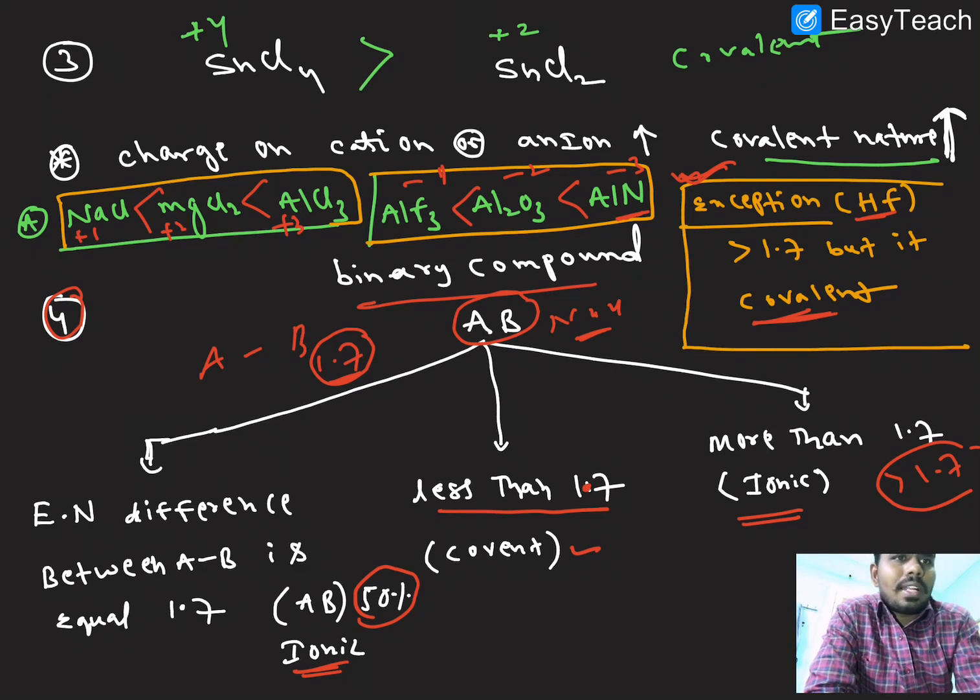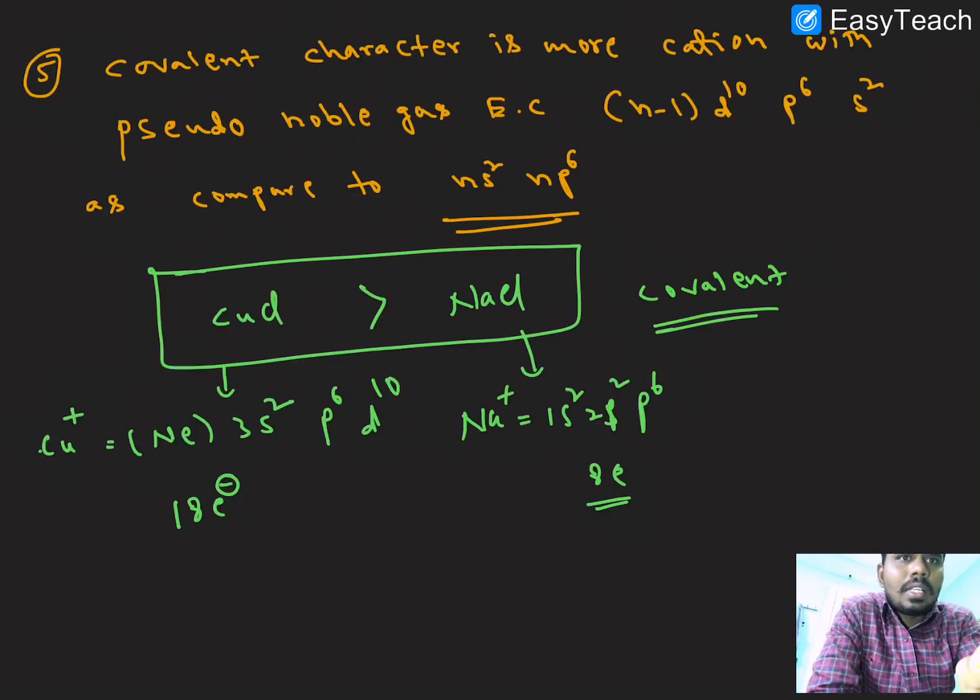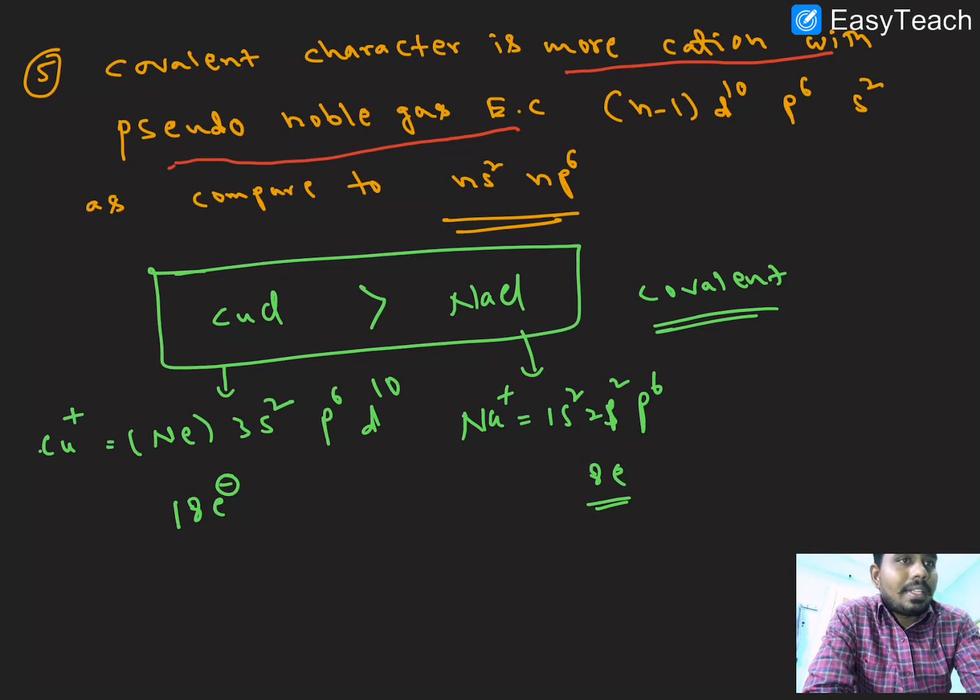One more factor also decides the covalent character: the covalent character is more for a cation with pseudo noble gas electronic configuration. The pseudo noble gas configuration is nothing but (n-1)s2 p6 d10, as compared to ns2 np6.